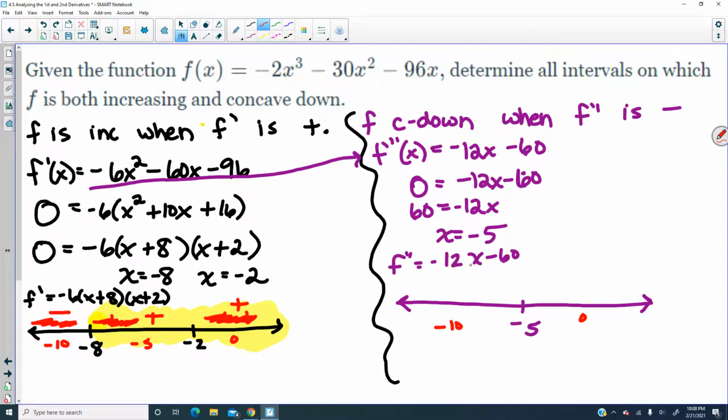Negative 12 times negative 10 minus 60 is positive. And then if I substitute in 0, I'll have a negative. So then I'm looking for where f would be concave down, which would be when f double prime is negative. So I'm interested in this part.